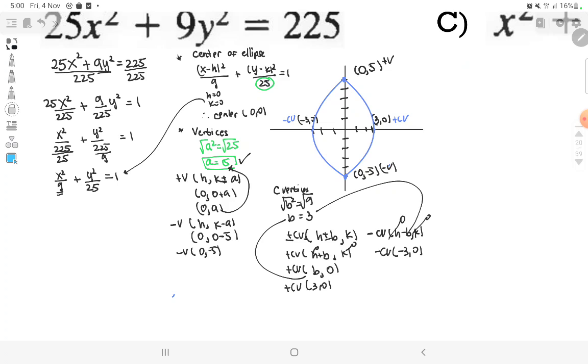So from this, I already have my center, which is at 0, 0.